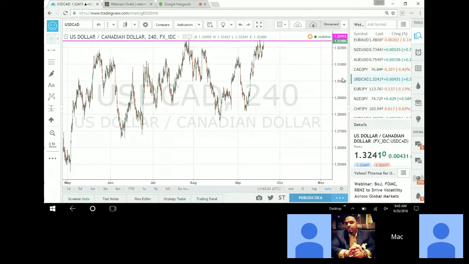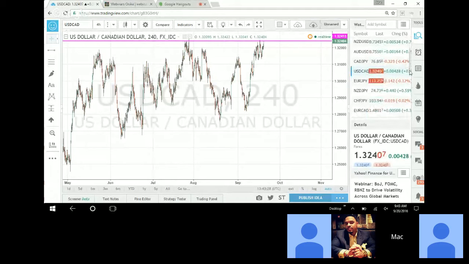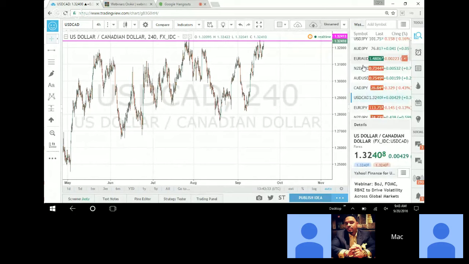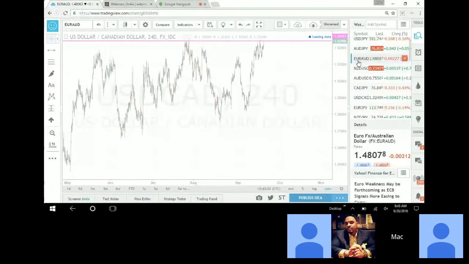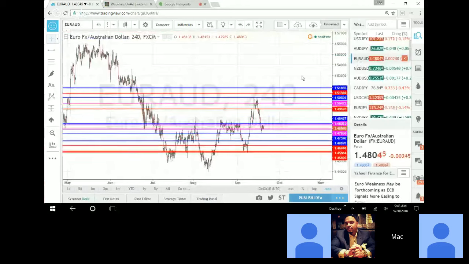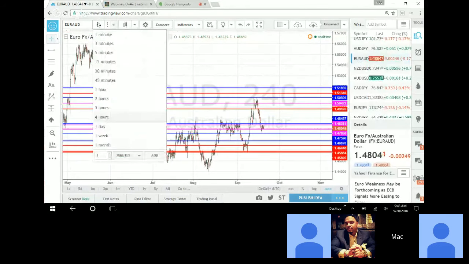So we're going to be patient on that. We're waiting for USD CAD to come back down. I'm waiting for Euro AUD to break the consolidation area, and then we're going to see what else we got.